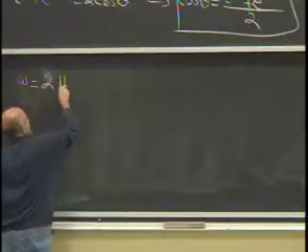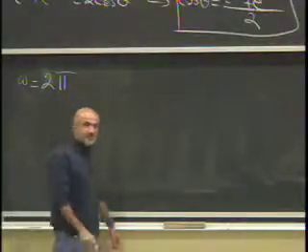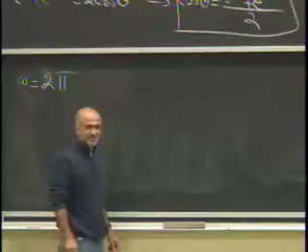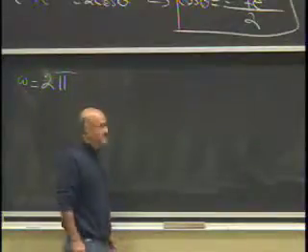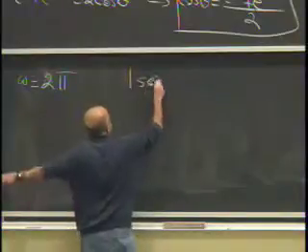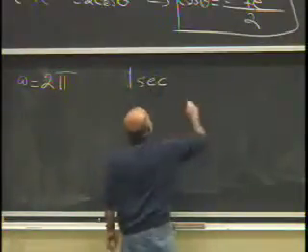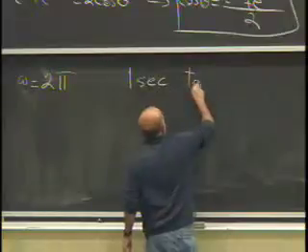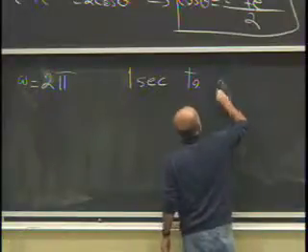Omega equals 2 pi. How long does it take to go around the circle? I've already given you 1 second. That's exactly what I wanted to hear. 1 second to go around that circle.